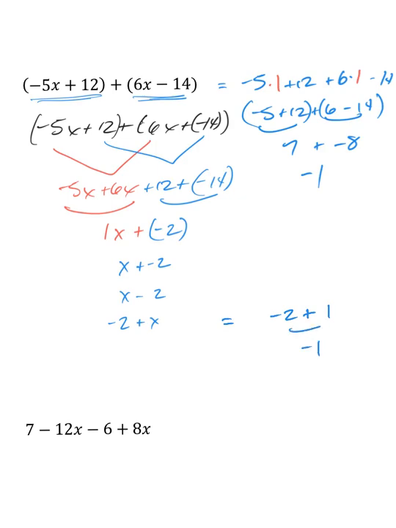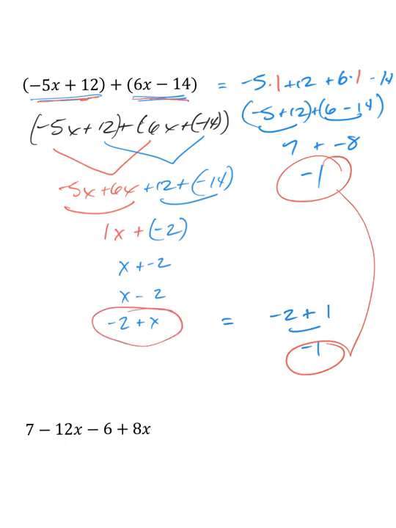Since these two expressions evaluate to the same thing with x equaling 1, I could say that negative 5x plus 12 plus 6x minus 14 is equivalent to negative 2 plus x. So that's a way you can check any answer. If you wanted to make sure you were getting 100%, you can check that.